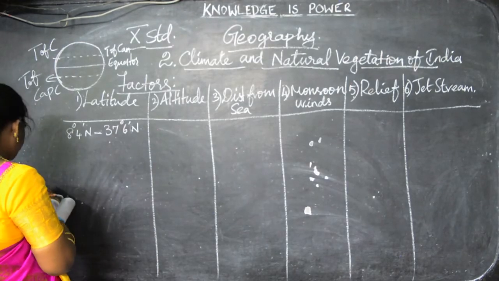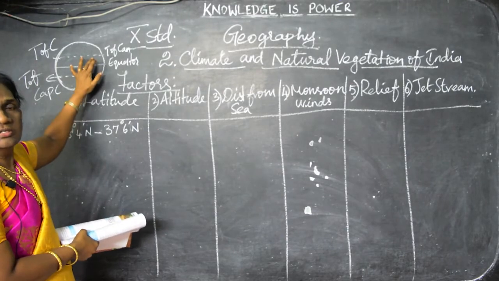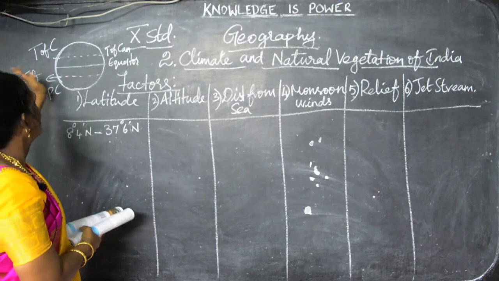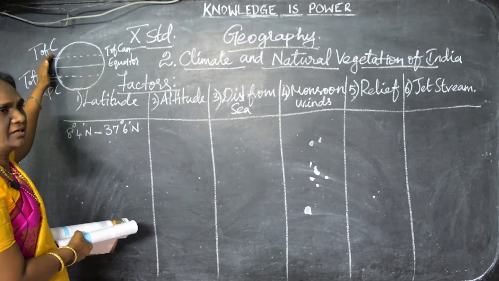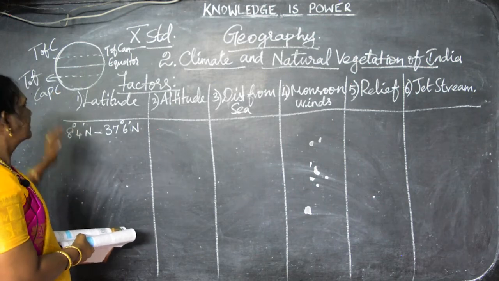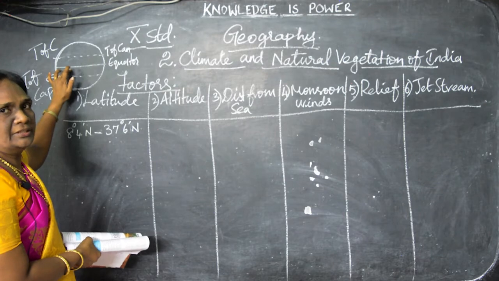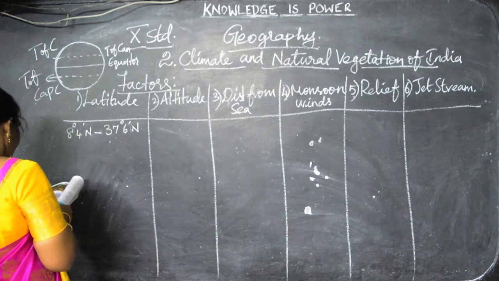And the Tropic of Cancer, I told you that it cuts India into two equal halves, and the equator passes through the middle.